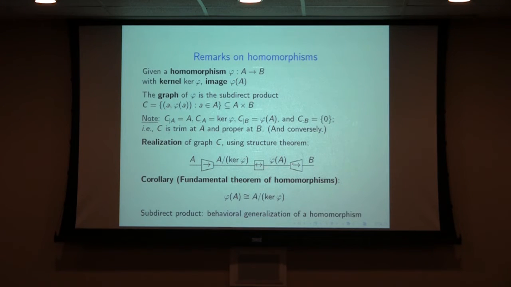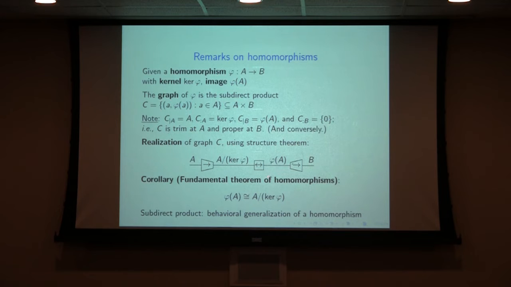All right, according to our structure theorem, we can realize the graph of C as follows. We do the natural map of A to A mod the kernel of the homomorphism. And over here we have an inclusion map of the image inside the B, the range of the homomorphism.